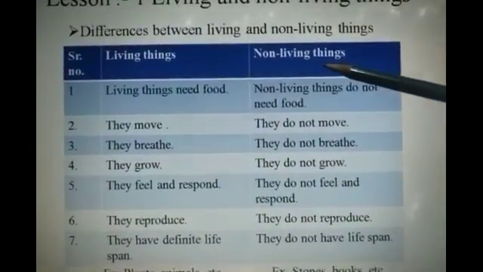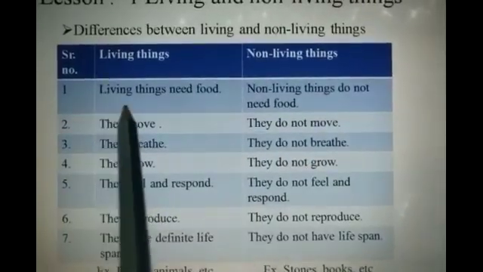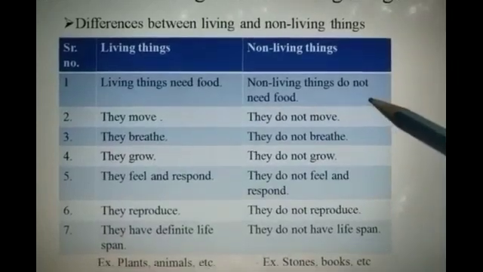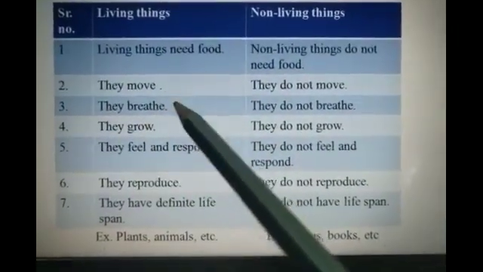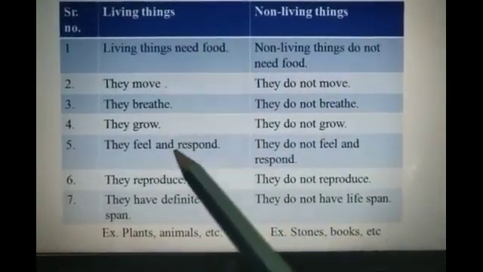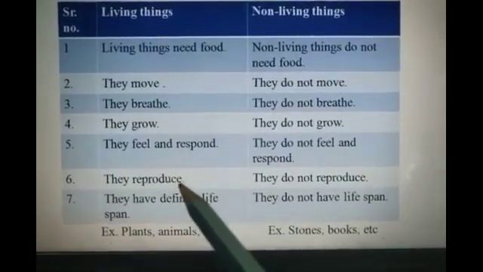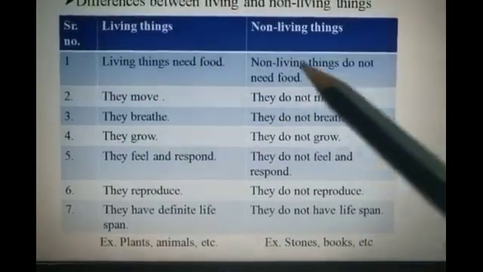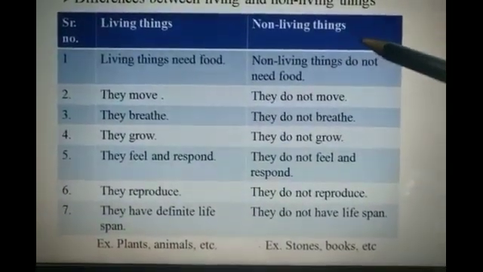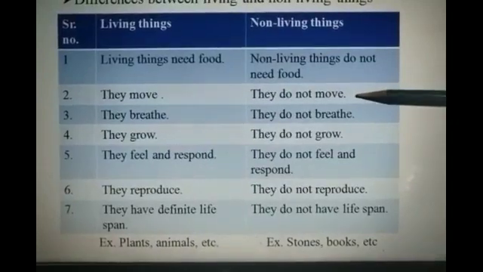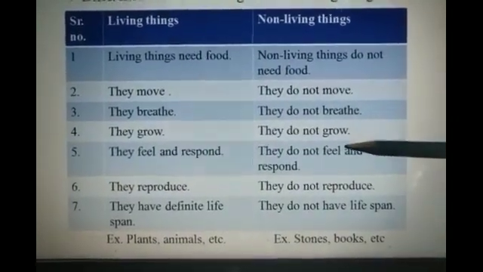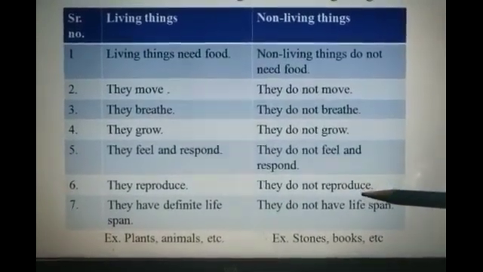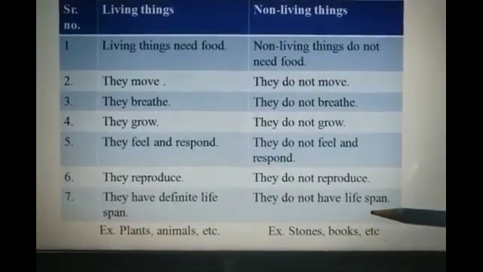Living things, non-living things. Now, living things need food, whereas non-living things do not need food. Living things move, breathe, grow, feel and respond, reproduce, and have a definite lifespan, whereas non-living things do not move, breathe, or grow, they do not feel and respond, they do not reproduce, and they do not have a lifespan.